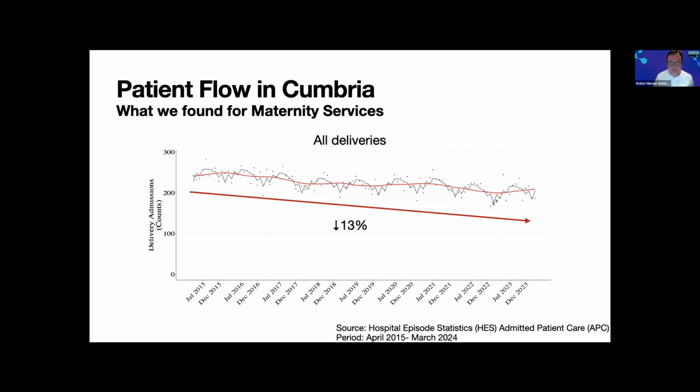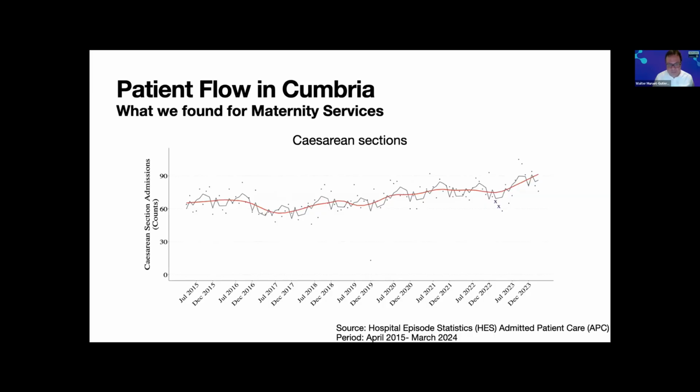However, if we look at the subset of these deliveries that are cesarean sections, or C-sections, despite overall lower numbers, the number of C-sections is actually increasing, to the point that from the beginning of 2015 to early 2024, there's been a 40% increase in the number of C-sections.